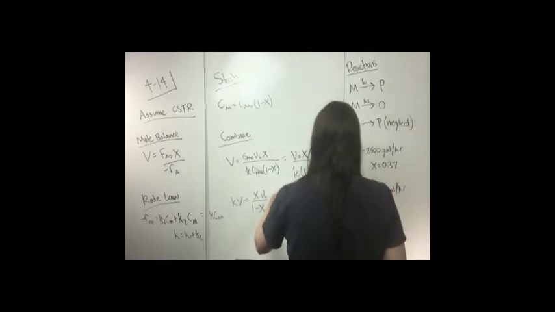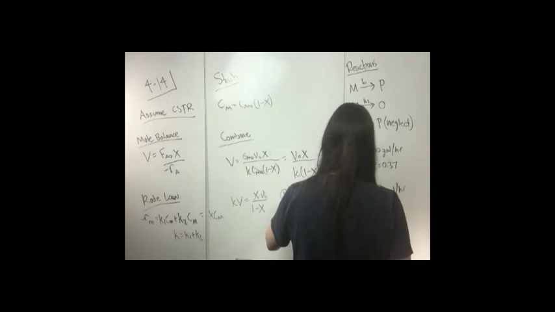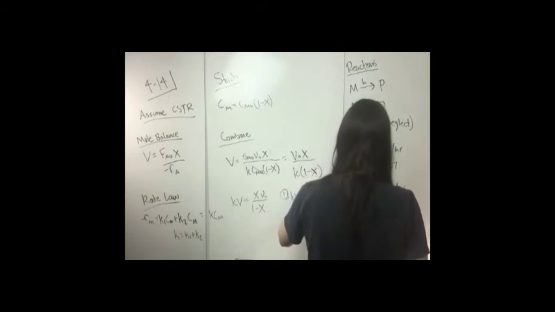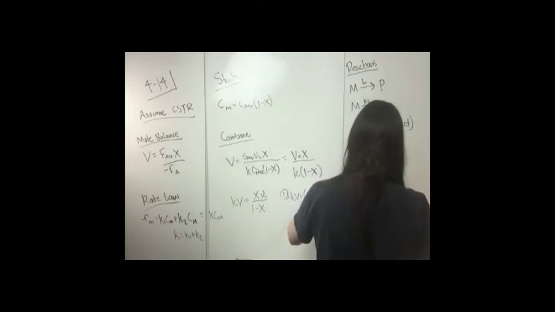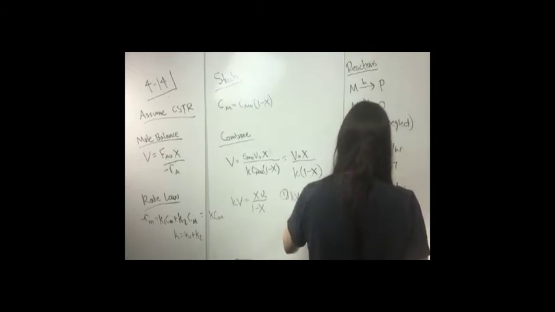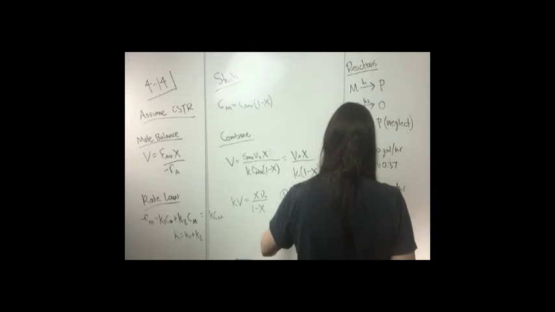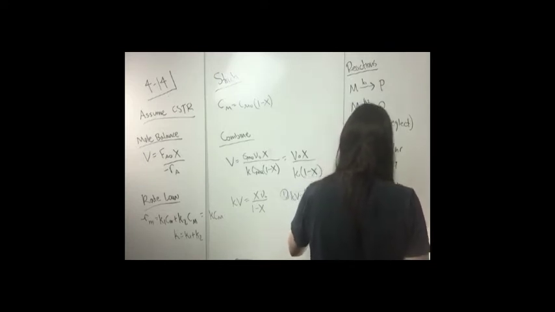So for case 1, we have that Kv is equal to x, 0.37, multiplied by 2,500 over 1 minus 0.37, and that's equal to 1468 gallons per hour.